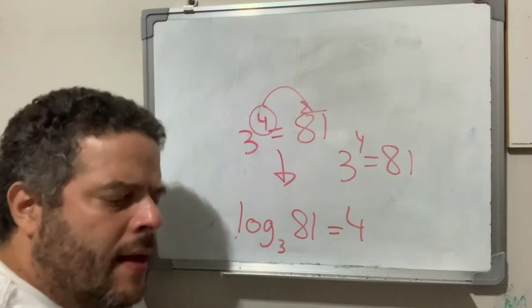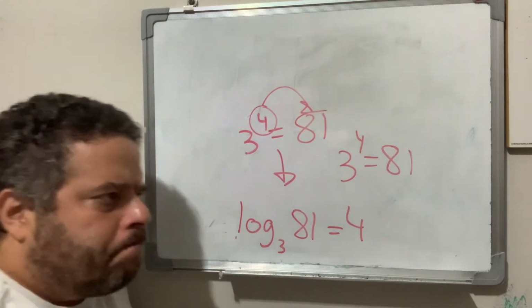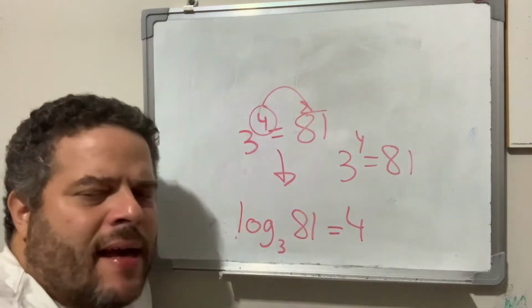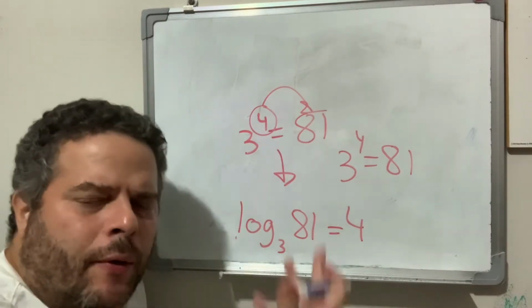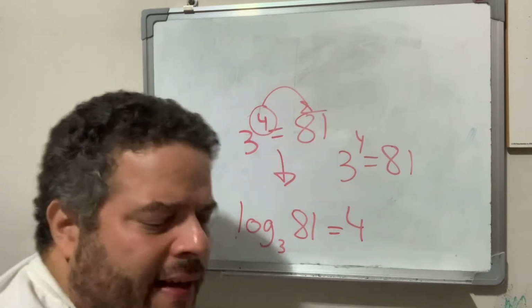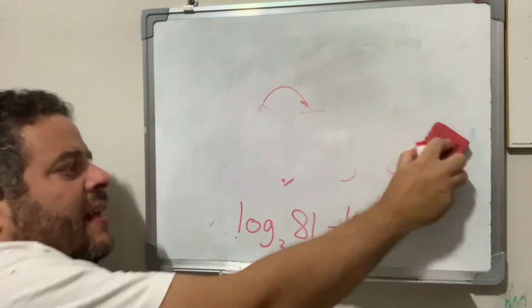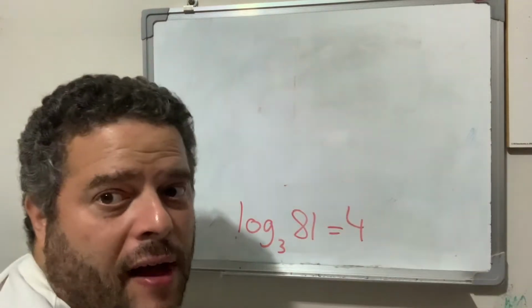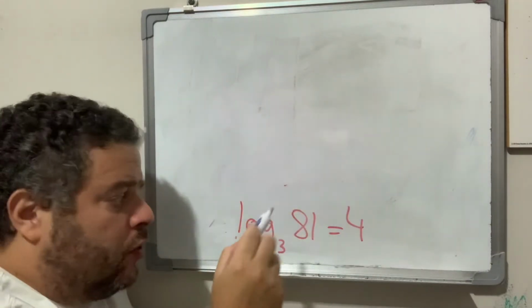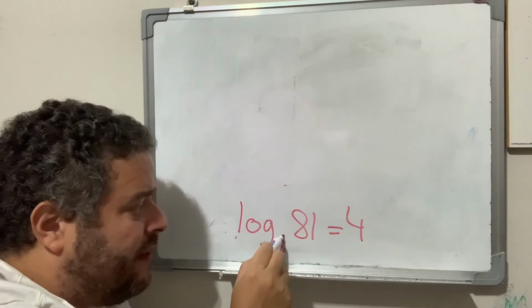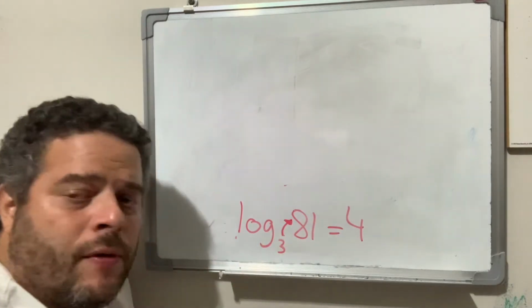Now logarithms, if you just visualize them like that and not understand what's happening, it's kind of difficult to wrap your head around logarithms. But the way I like to evaluate logarithms is ask yourself the following question. What exponent do I need to put on the base to end up with this number?